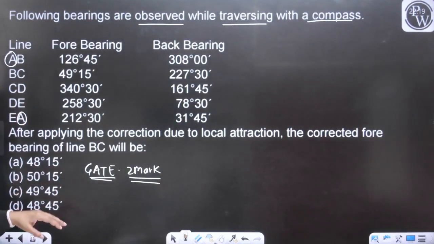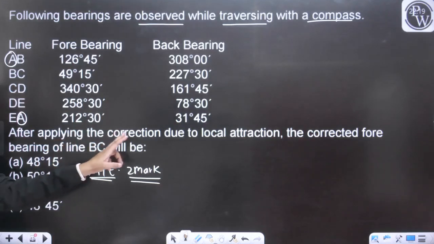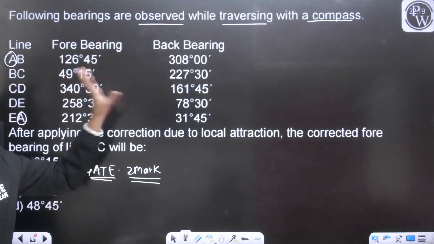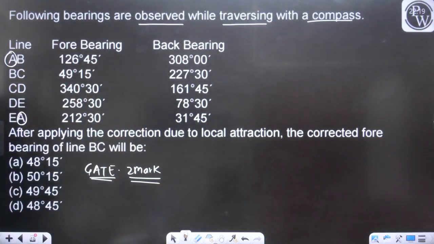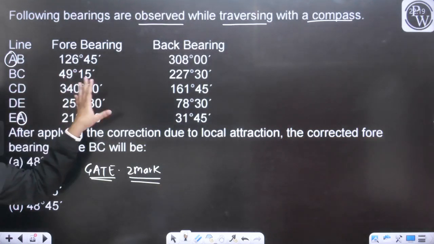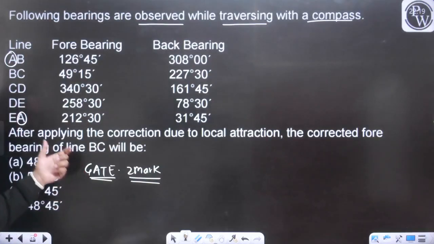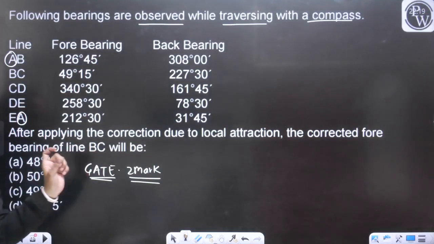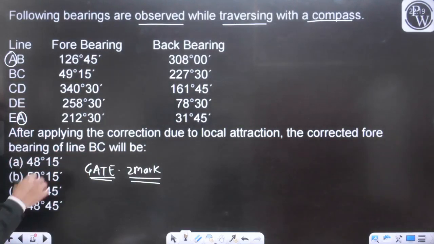Now let's read the question. After applying the correction due to the local attraction, in this survey work there is error due to the local attraction. So after applying the correction, the corrected fore bearing of the line BC will be what?